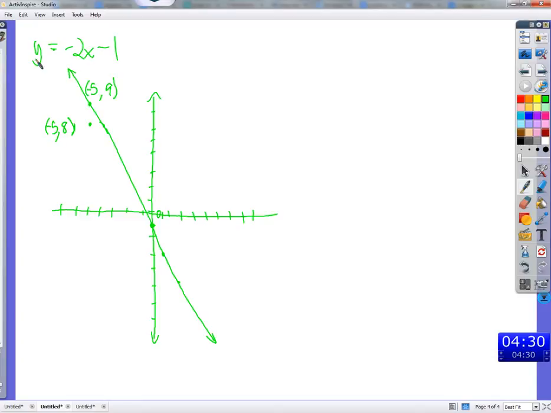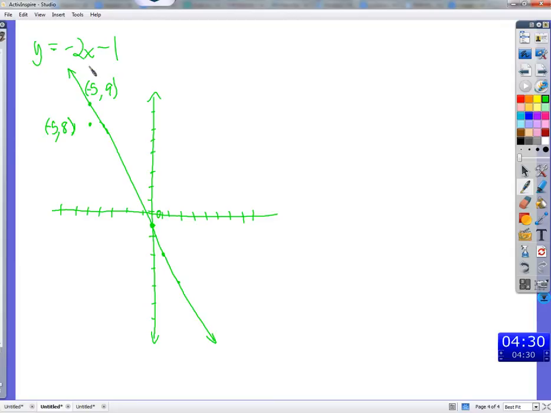Where else, pay attention to this question, where else can I find points that when I put the x and the y in there, I get y values that are less than the side with x on it? Would it have to be above the line?